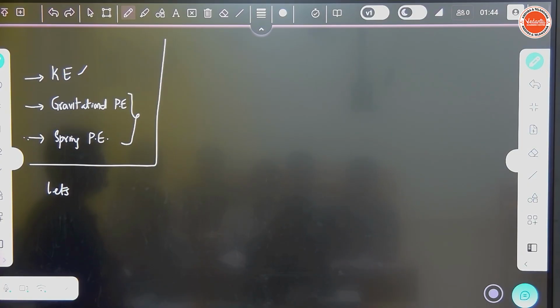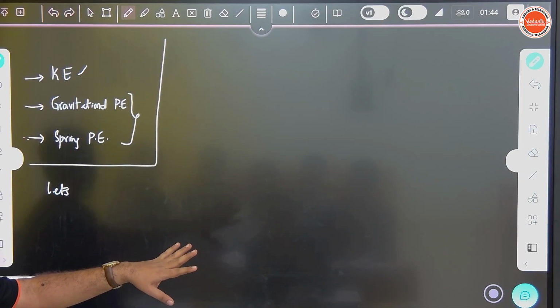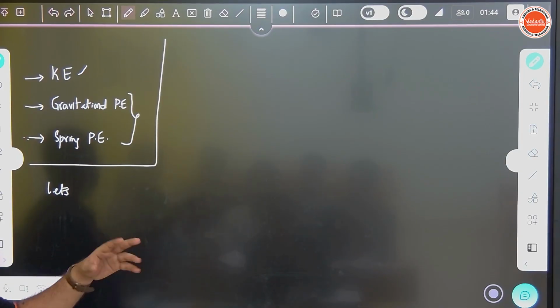Or maybe I should not say constant, I should say that total energy of the system initially is equal to total energy of the system finally, because energy is neither created nor destroyed, right?